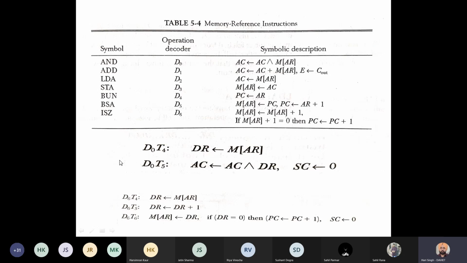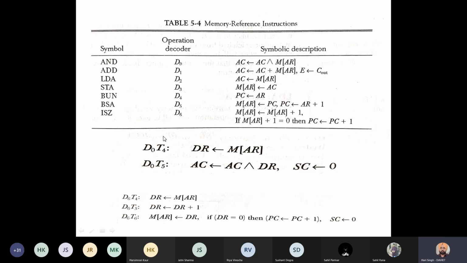A byte will be incremented, and if it is 0, the control will skip. In the first micro operation, a byte from memory is obtained and placed in the data register DR. The condition is that the D6 bit and T4 bit should be 1.